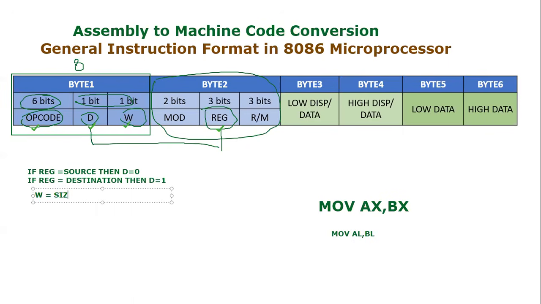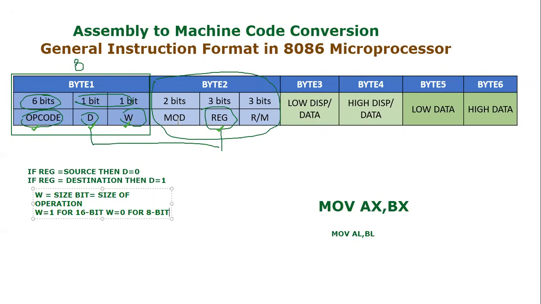W bit is a size bit. It lets you know the size of operation, right? And W is equal to 1 for 16-bit, and W is equal to 0 for 8-bit. This is something important we need to know.